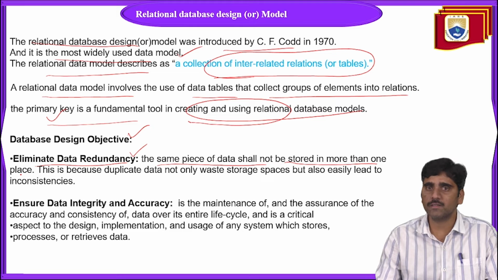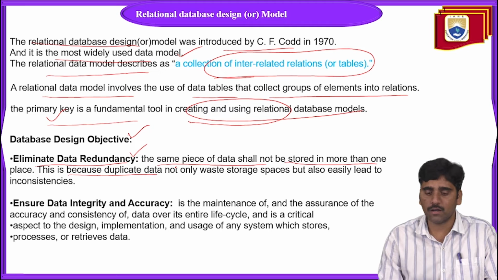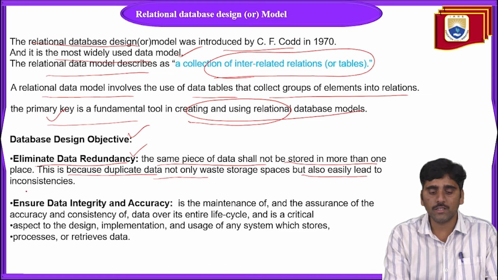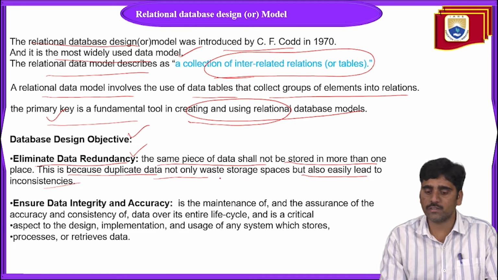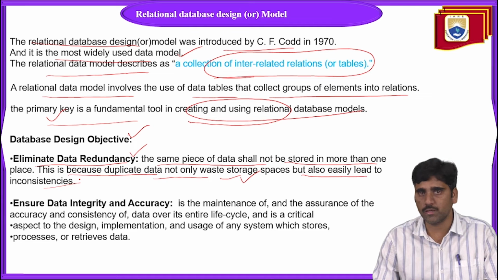Duplicate data not only wastes storage space but also easily leads to inconsistencies. So entering duplicate values is not only wasting storage, it also leads to inconsistency of the data.